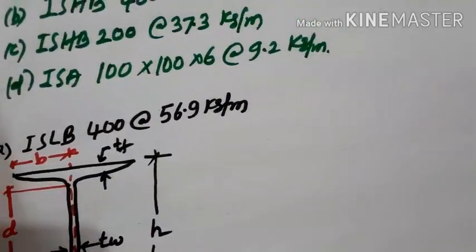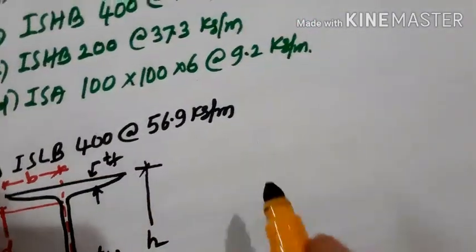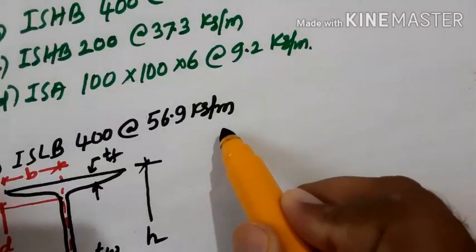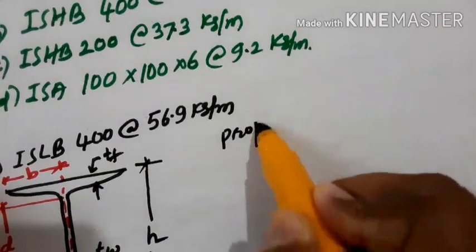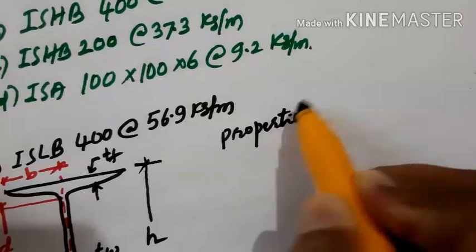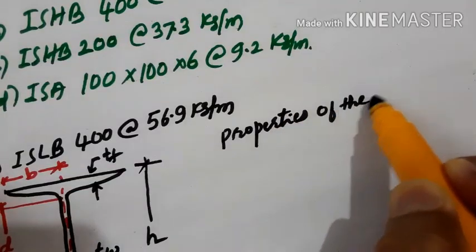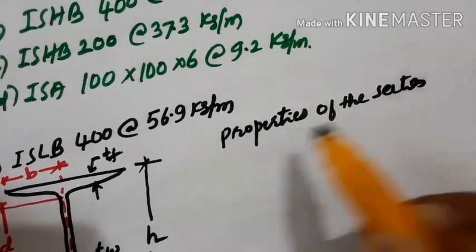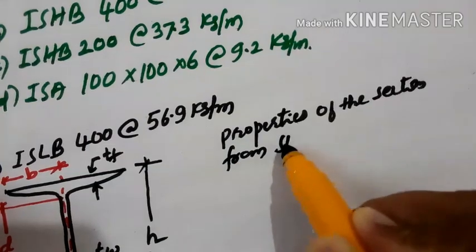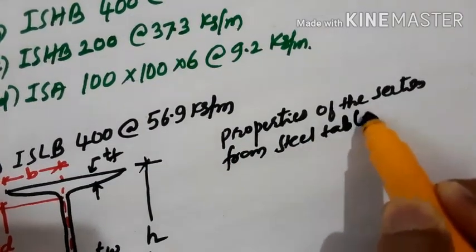Then let us take the properties of the section from the steel table.